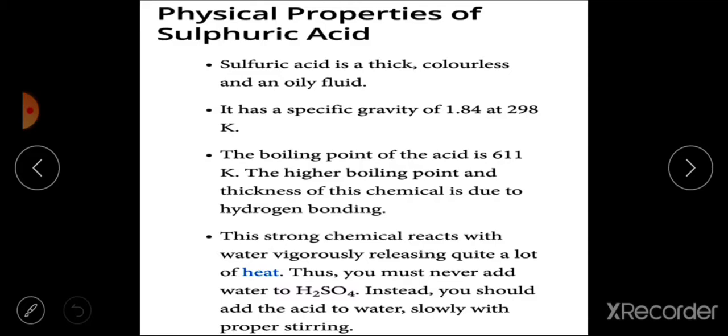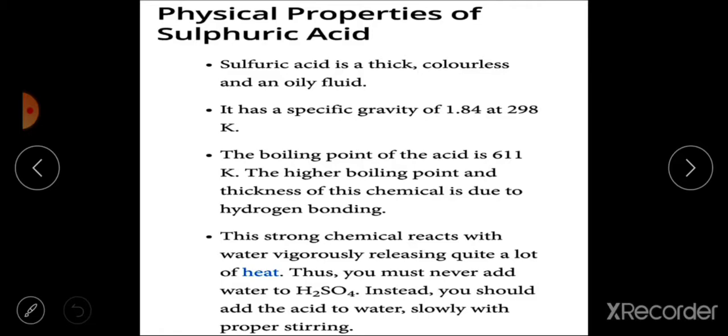Next is physical properties of sulfuric acid. First, sulfuric acid is a thick, colorless and oily fluid. Second, it has a specific gravity of 1.84 grams per cm cube at 298 Kelvin.